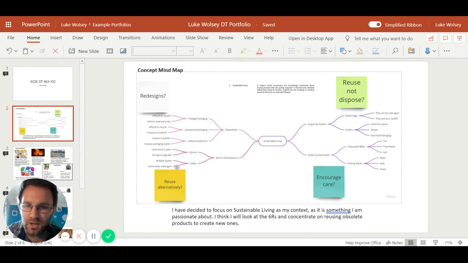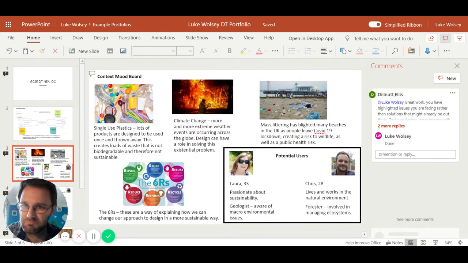And then I had these four major things that I might want to look at. Then I explored the context a bit more visually, single-use plastics, 6Rs. I came up with a couple of people that could be people to focus my project on, and in the end I chose Laura.